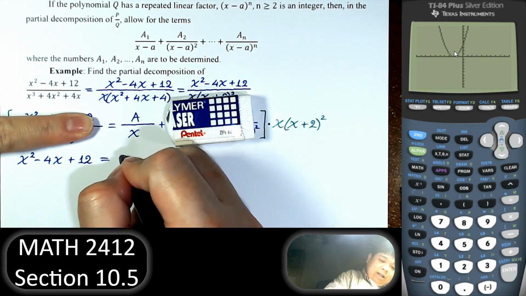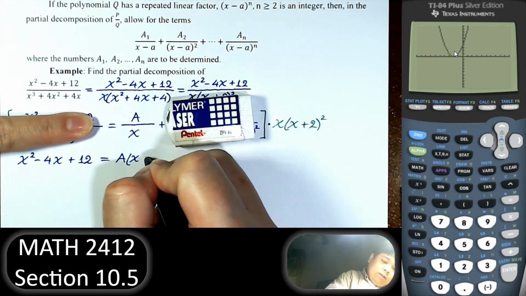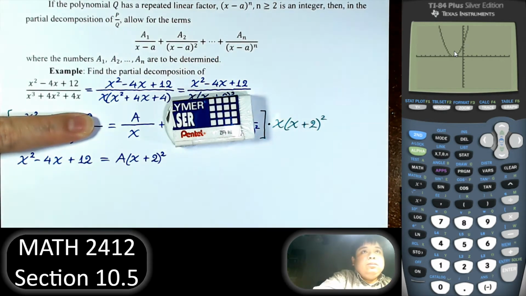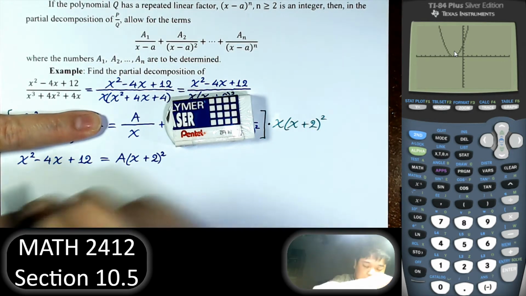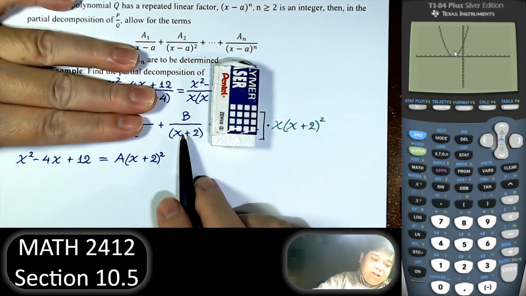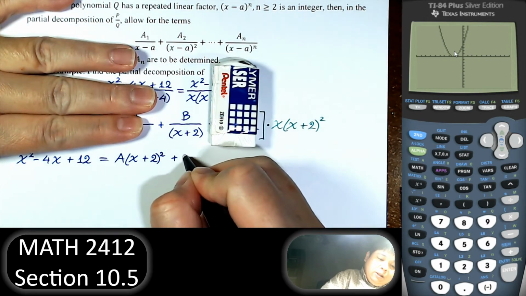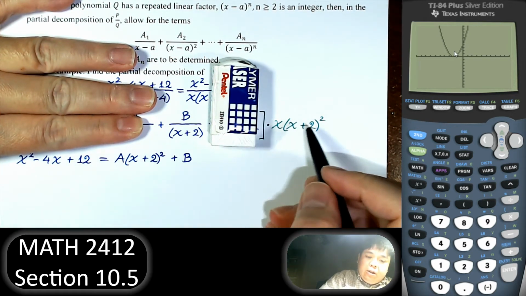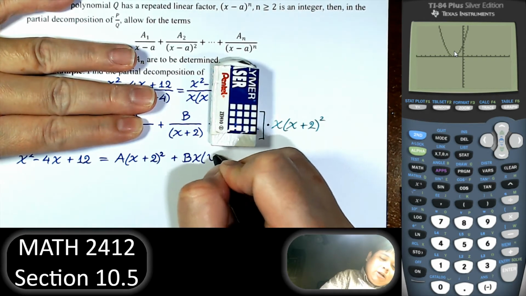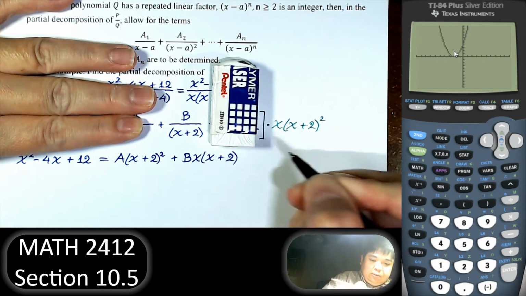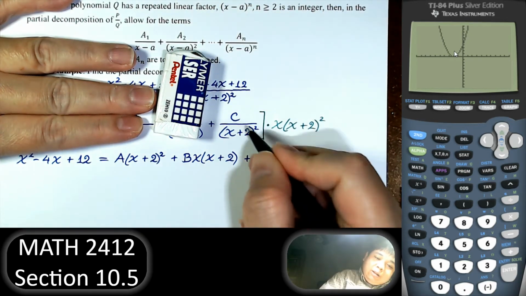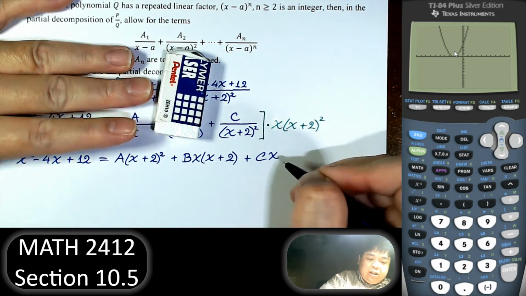X cancels out, we have A, x plus 2 squared. And then when we multiply by the next term, we have B, x plus 2, cancel one of them, we have Bx, x plus 2. And then the last one, C, x plus 2 squared cancels out, Cx.